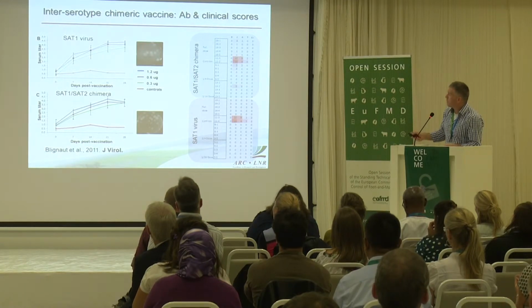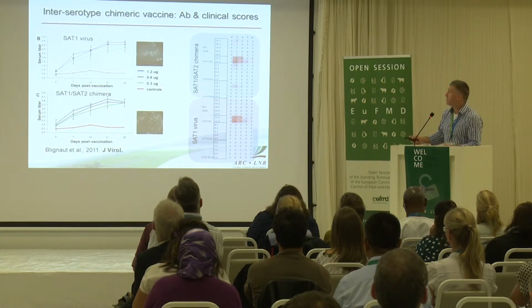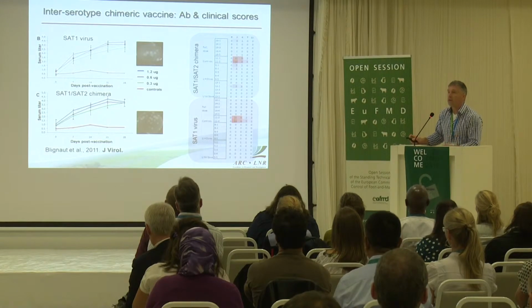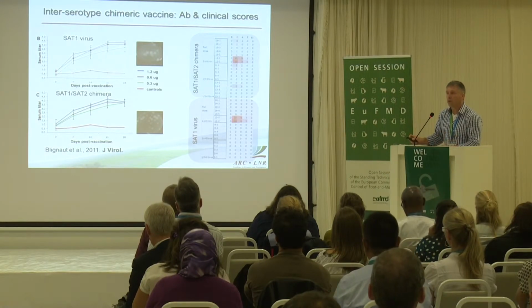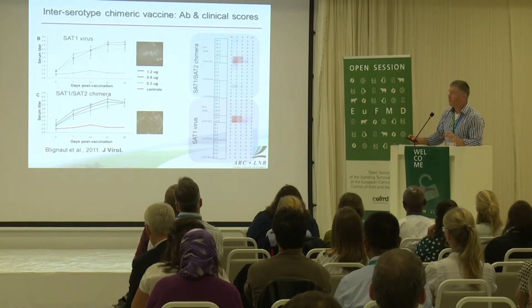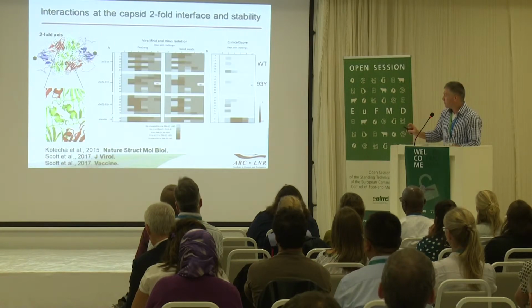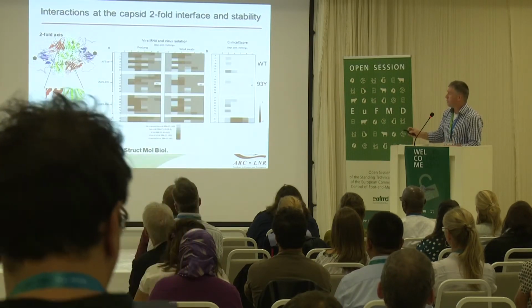When we did challenge studies, with full dose, quarter dose, and 16th dose for both vaccines, the PD50s were very similar, although 2 of the chimera vaccinated animals did show clinical lesions on one of the hoofs. So there was some systemic spread in some of the animals. When we worked out the PD50s, they were comparable, so it was within the acceptable range.